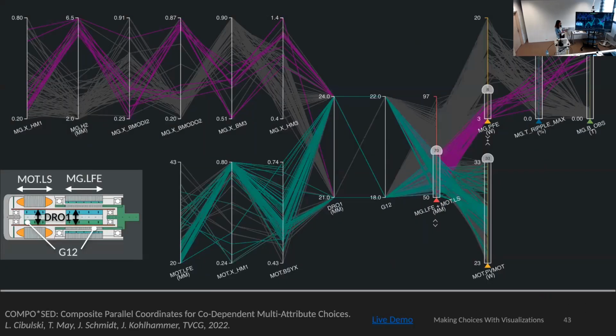Now, what does that look like in the visualization? Here we have gear variance in purple on top and motor variance in green at the bottom. And then in the center, we see the shared design parameters, rotor diameter and gear ratio. Next to them, we see a composite axis, which depicts the total length of combined motor and gear variance.